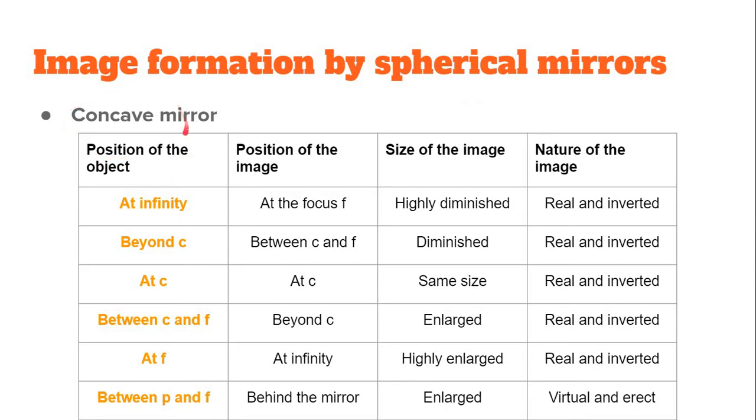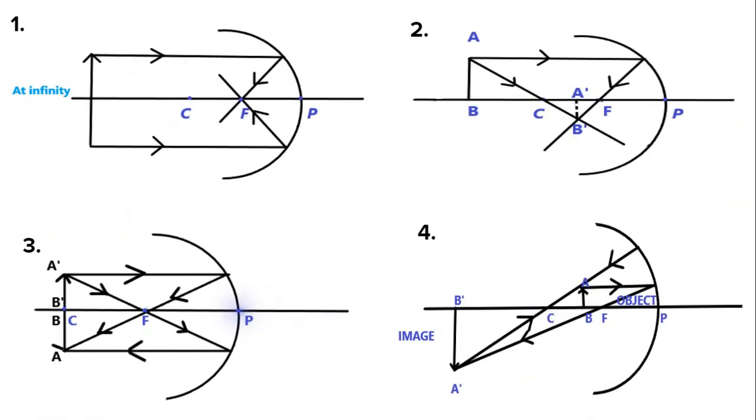First of all, for a concave mirror, if the position of the object is at infinity, so here is the object, the position of the image will be at focus.